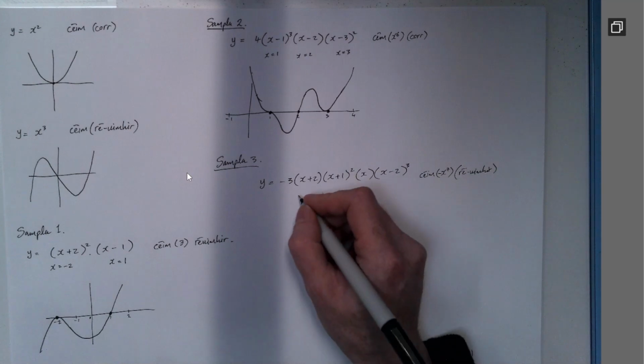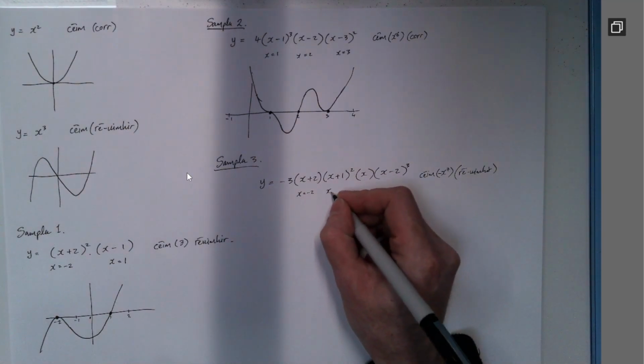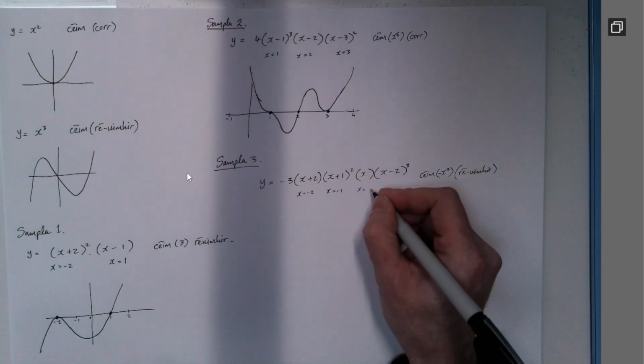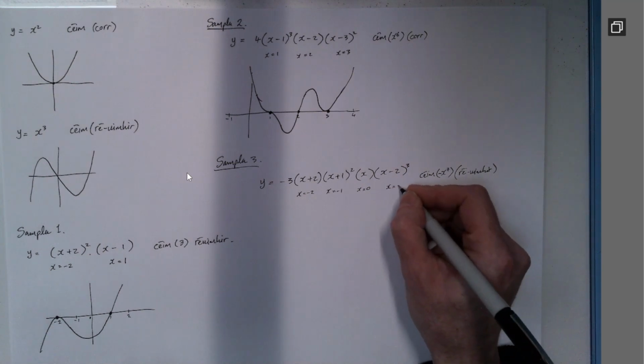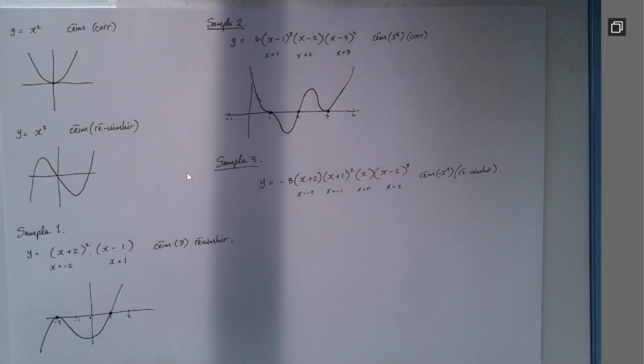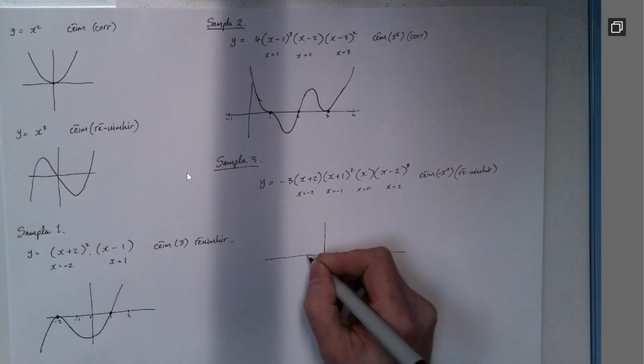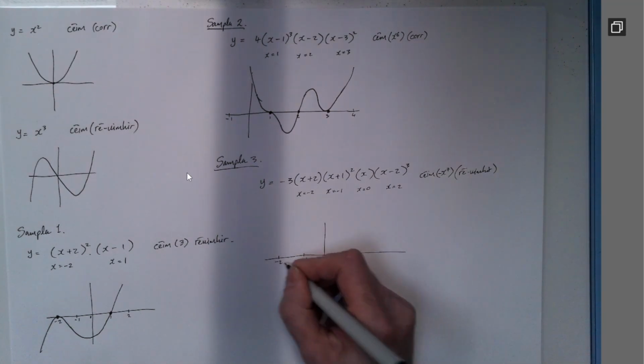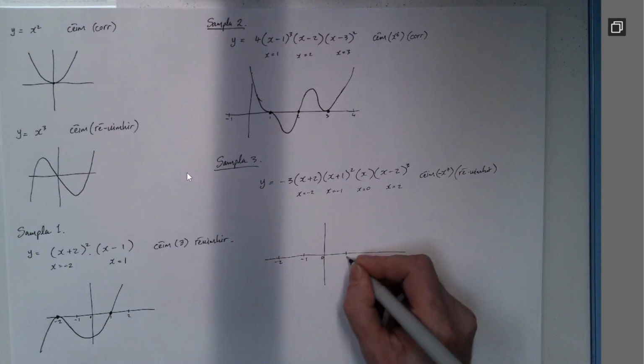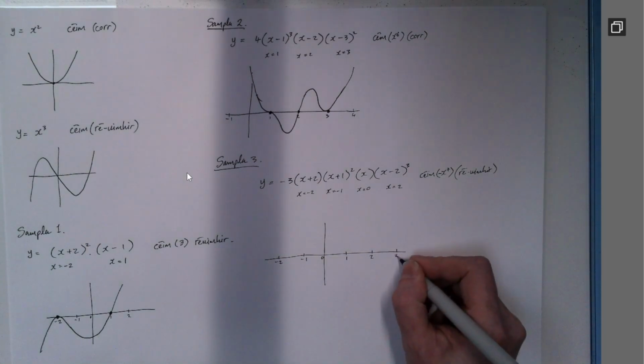Now the roots: x equals minus 2, x equals minus 1, x equals 0, and x equals 2. So sketch the roots: minus 2, minus 1, 0, and 2.